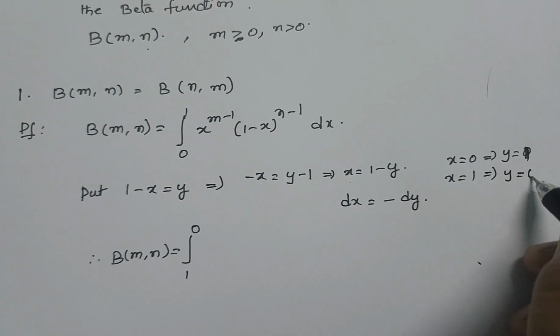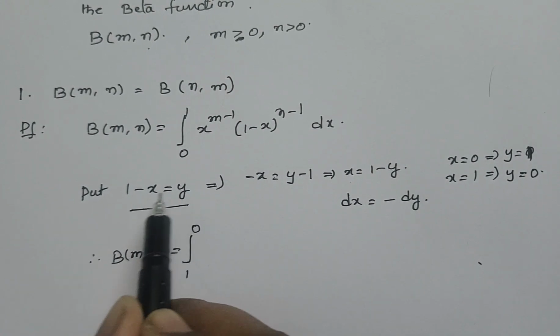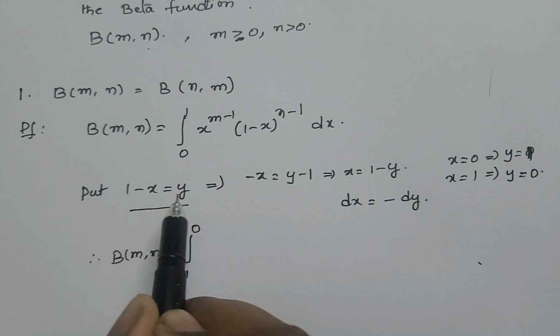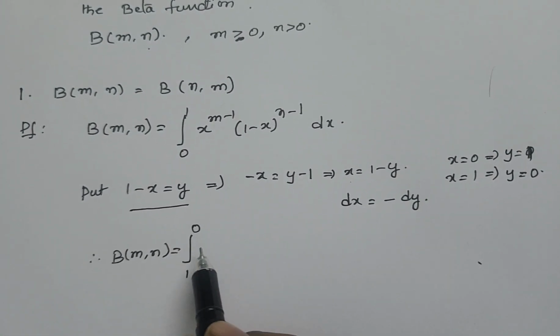When x is 1, y is 0. So substituting x equal to 0, y equal to 1, and x equal to 1, y equal to 0, this is the integral from 1 to 0.